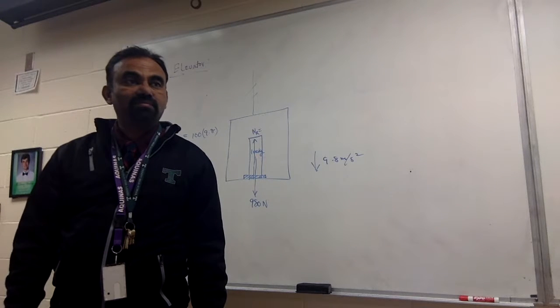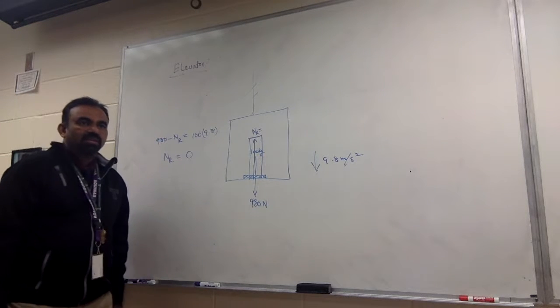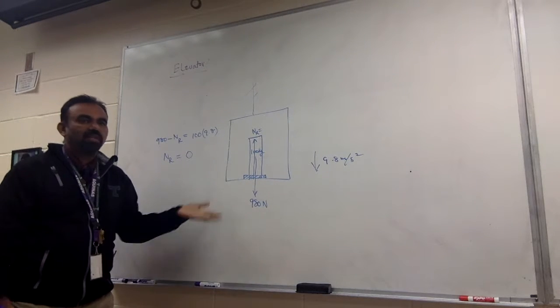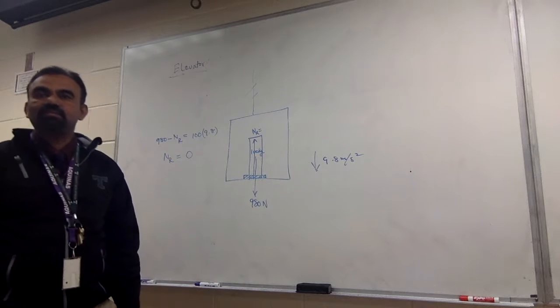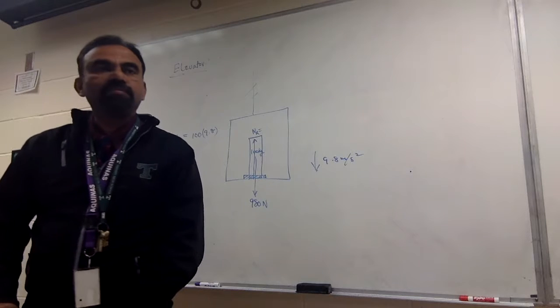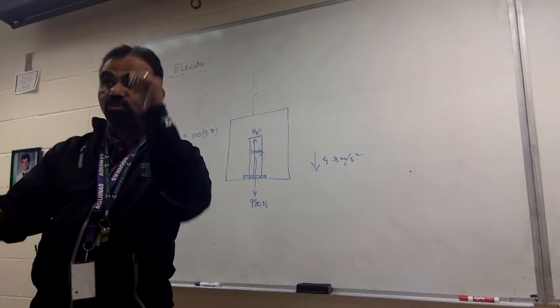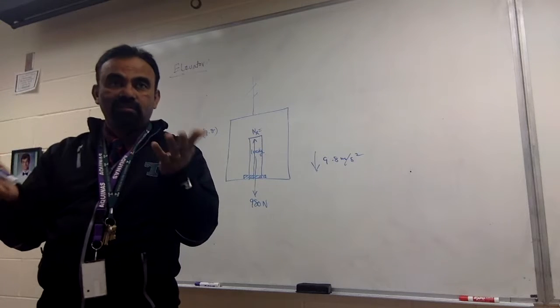Is that just because of a specific weight? No, it's in all cases. Whoever is there will experience the same effect. The elevator is coming down with 9.8, and you're also going down with 9.8, right?